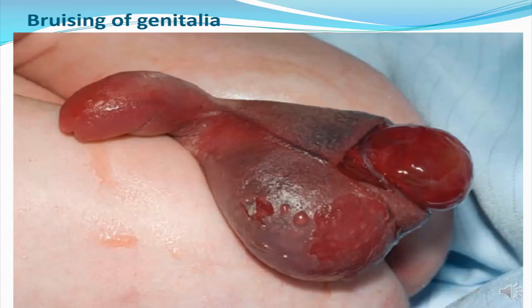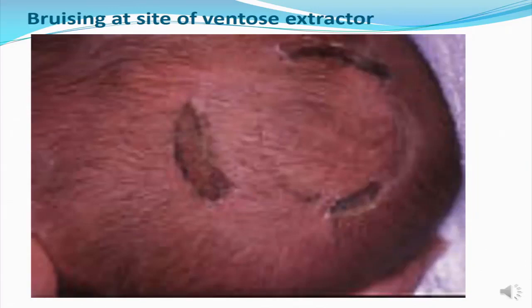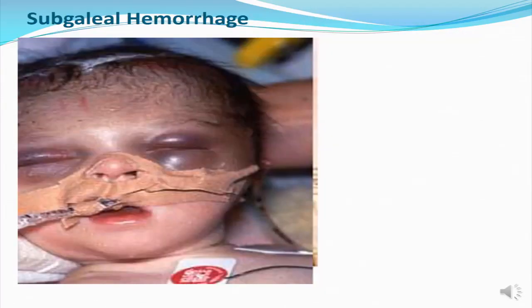This is bruising of the genitalia when there is breech presentation, and repeated PV examination will cause laceration of the scrotum. Iatrogenic injuries by scalpel could be anywhere, in the face, on the shoulder, on the buttock. Bruising at the site of venous extraction. This subgaleal hematoma is rare but is dangerous and can be fatal.